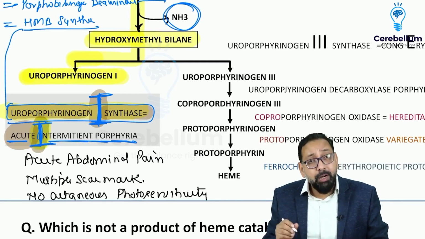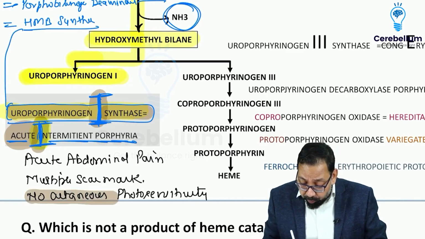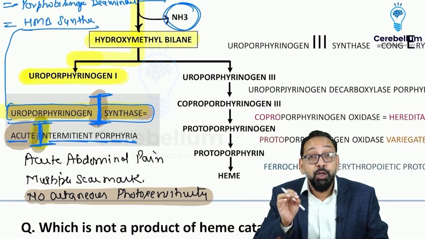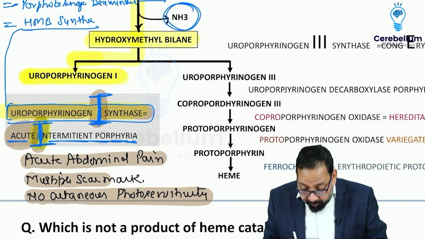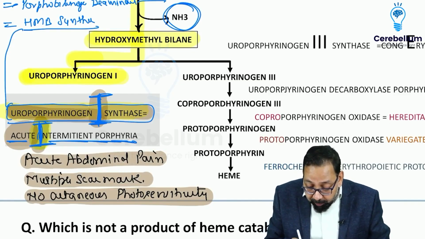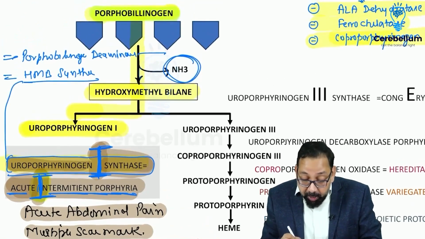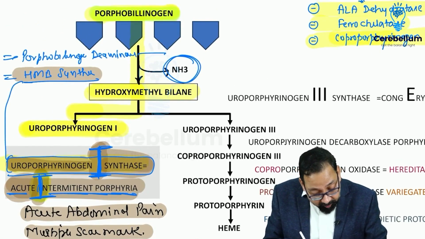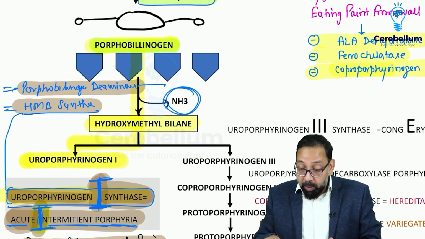In acute intermittent porphyria, there is no cutaneous photosensitivity. These patients present with neuropsychiatric and neurovisceral symptoms. So acute abdominal pain, multiple scar marks, uroporphyrinogen 1 synthase deficiency: acute intermittent porphyria. Another name for the same enzyme is hydroxymethylbilane synthase or porphobilinogen deaminase.